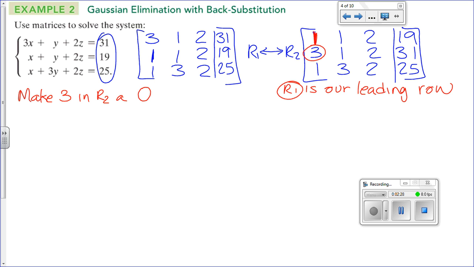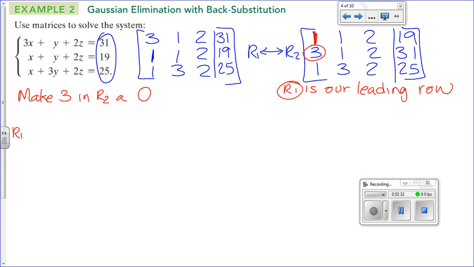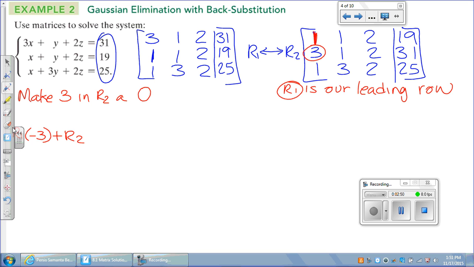So the operation we're going to use is going to be R1 times the additive inverse of 3. What is the number that you need to add to 3 to get a 0? Negative 3, very good. So R1 times negative 3 plus R2, and that is going to replace the second row.